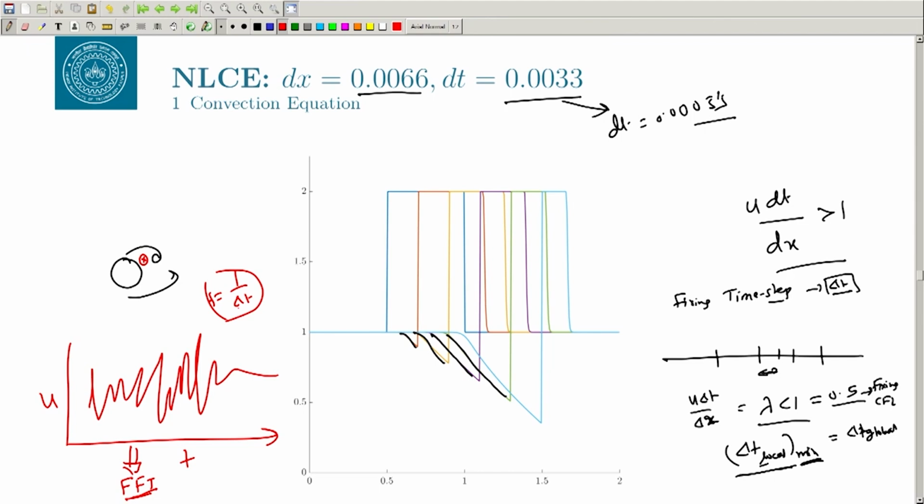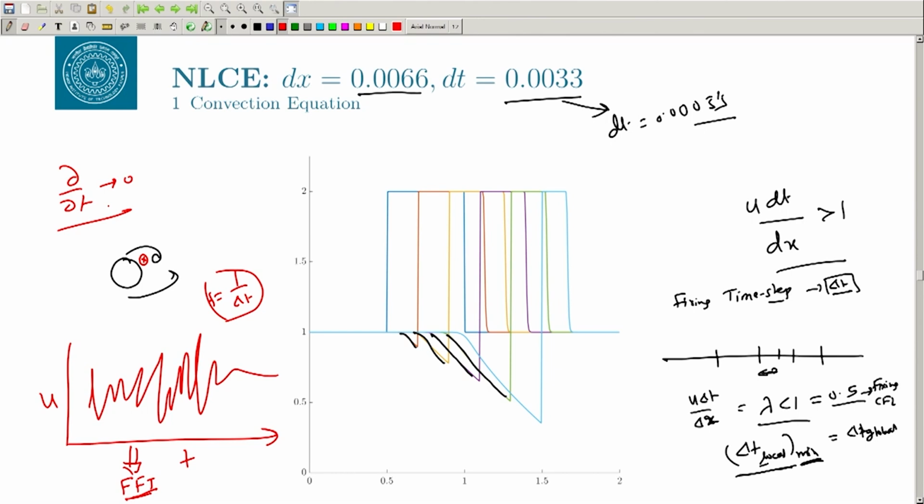So, in the RANS, you are only interested in what is happening at the steady state, right. So, that means your del u by del t term in the Navier-Stokes is going towards 0. In that case, it does not matter what CFL number you are using. Ultimately, as long as you go to the final solution, which is your average solution, you are happy with that. In fact, in those cases, we use implicit time stepping for RANS.